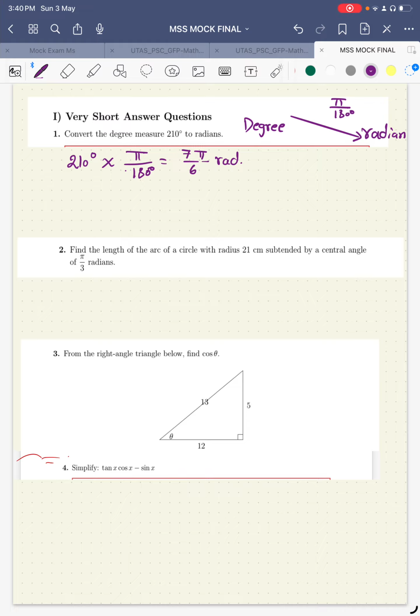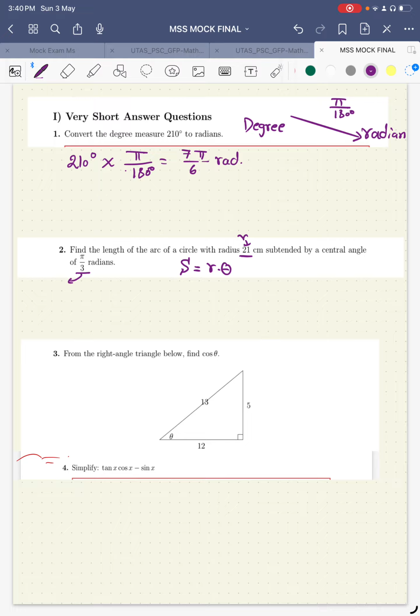So let's remember the formula: S equals r times theta. r stands for the radius, which in that case is 21 centimeters, and theta stands for the central angle represented in radians. So remember, first I'm gonna look at my angle.